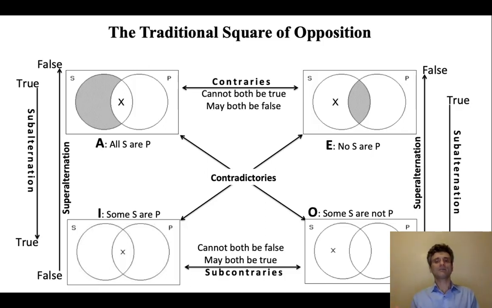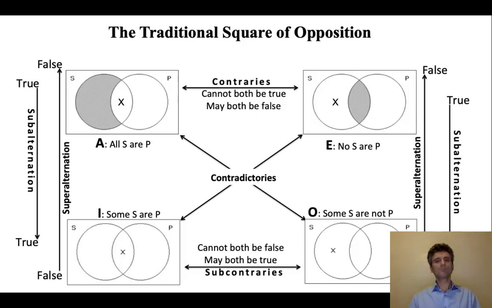But how many bananas are yellow things? None of them. But they do exist. Okay. So this square of opposition, the traditional square of opposition, has been adopted by logicians for centuries.